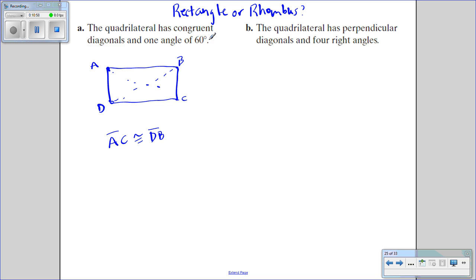Now it also says this quadrilateral has one angle of 60 degrees. So I'm just going to put that right here. Now according to the diagonals being congruent, you would think it would be a rectangle. But I know a rectangle has all 90-degree angles. So this is not a rectangle.